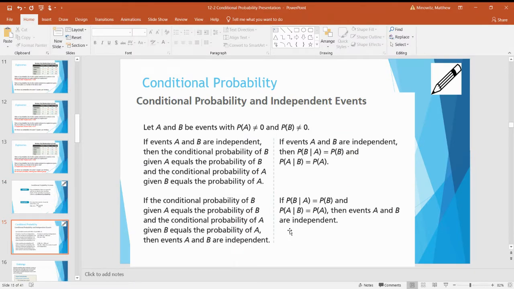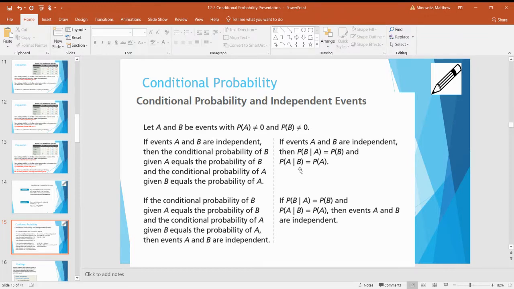Now, conditional probability relates to independent events, and we can check whether events are independent. If the events are independent, the probability of A given B is the probability of A. What this is saying is that B does not affect the likelihood of A. So the probability of A given B is just the same as the probability of A, because B should have no effect, because that's what independent events do.